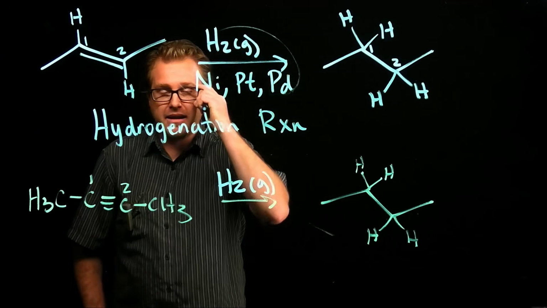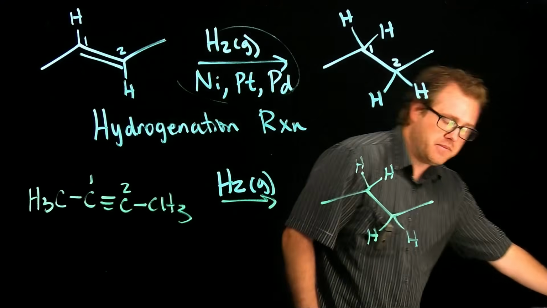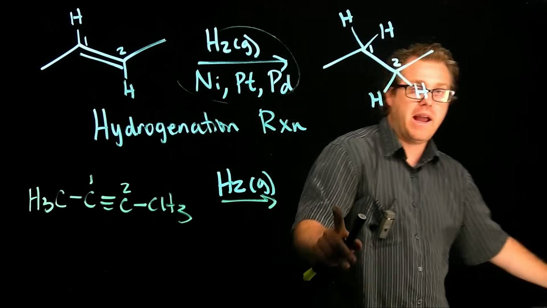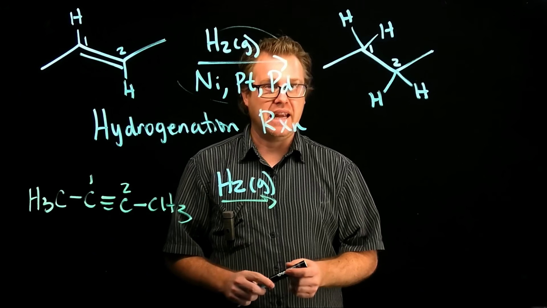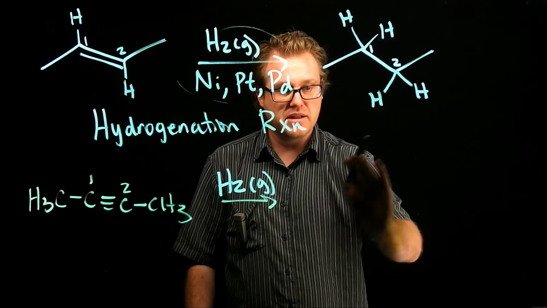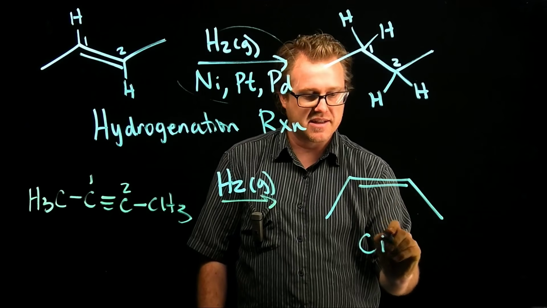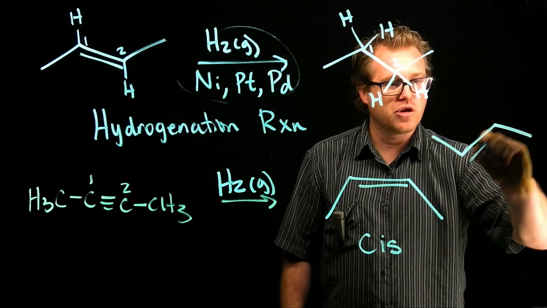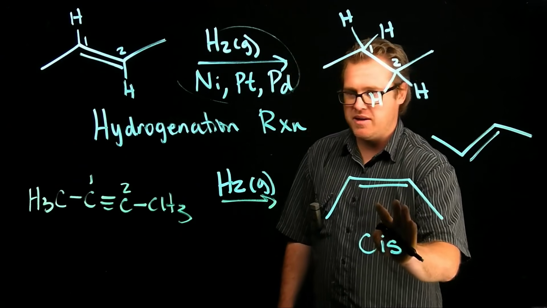And a poisoned catalyst is going to take an alkyne, right, like this, and not go all the way to an alkane, but it will stop at the alkene. And the alkene that it stops at is very, very important. It's going to stop at the cis. It does not make any of the trans alkene. It's predominantly cis.